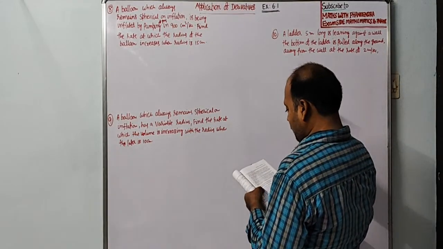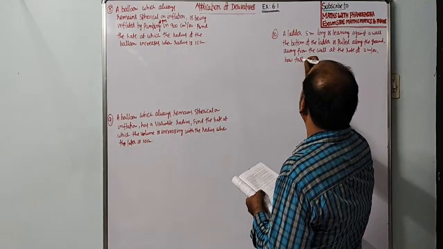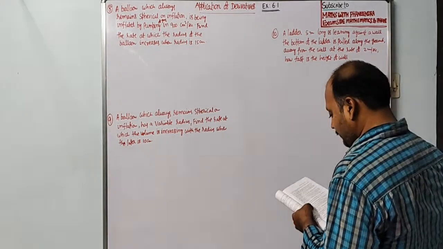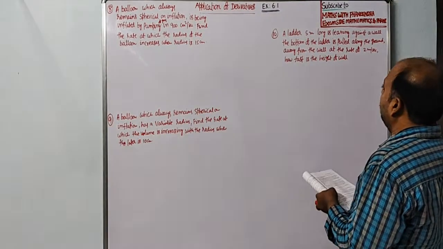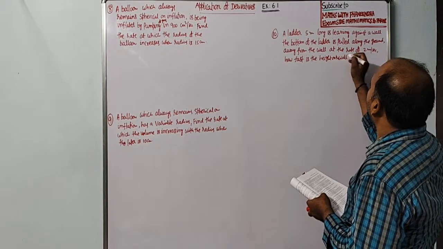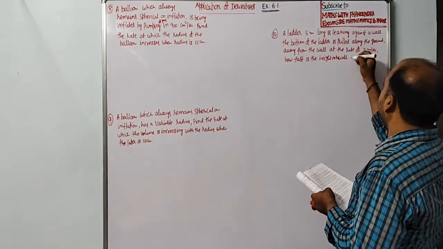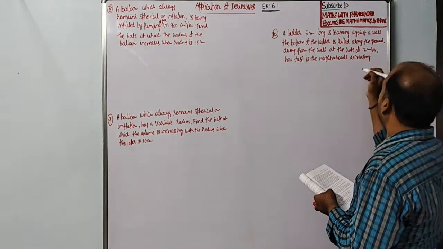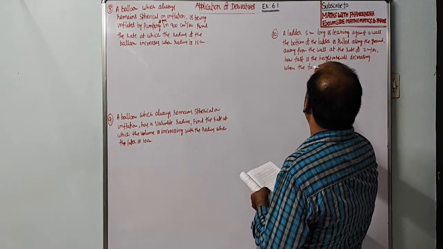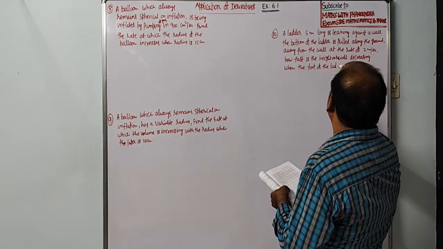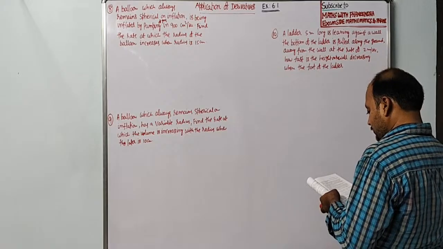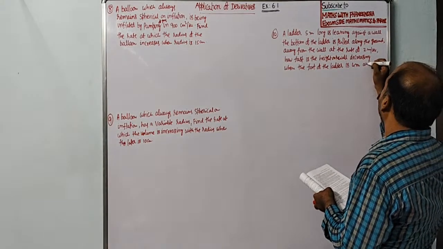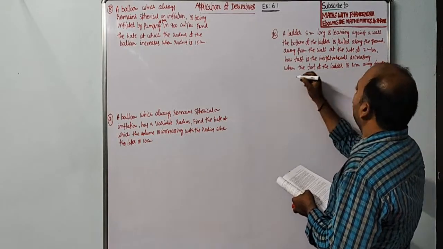How fast is the height on the wall decreasing when the foot of the ladder is 4 meter away from the wall?